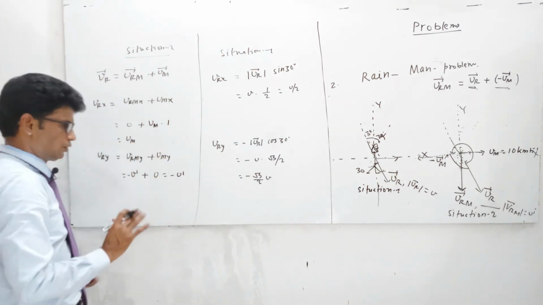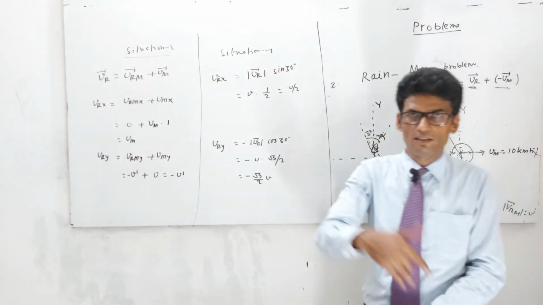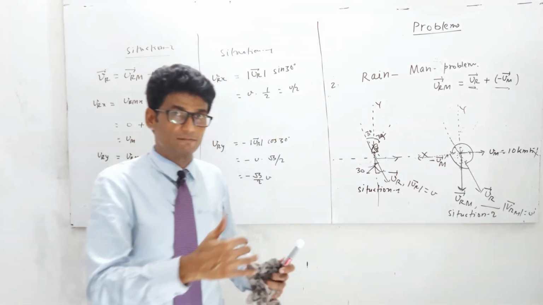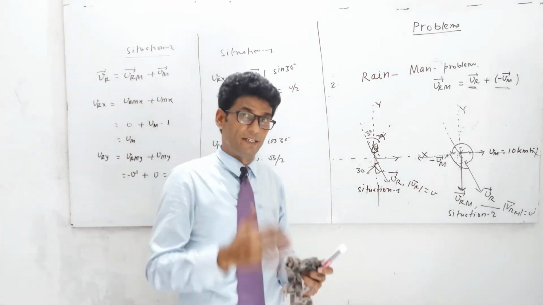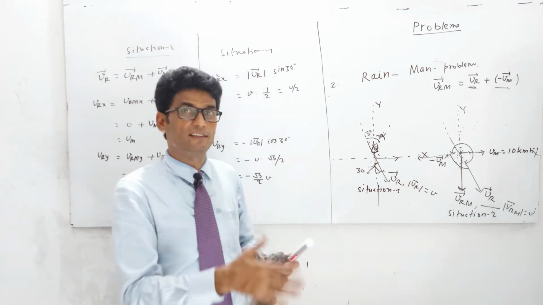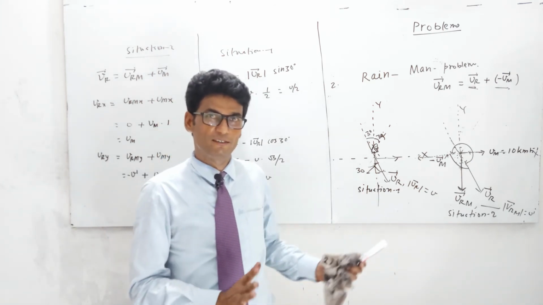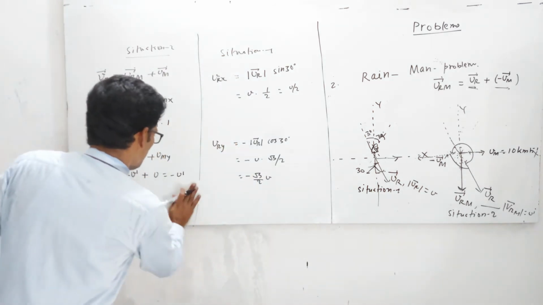So the actual velocity of the rain remains unchanged, either in situation 1 or in situation 2. So we have to equate. As I have told you earlier, we have to equate. Fantastic method. However, you may apply any other method. Various methods are available, but this is the unique one. So equate like that here.